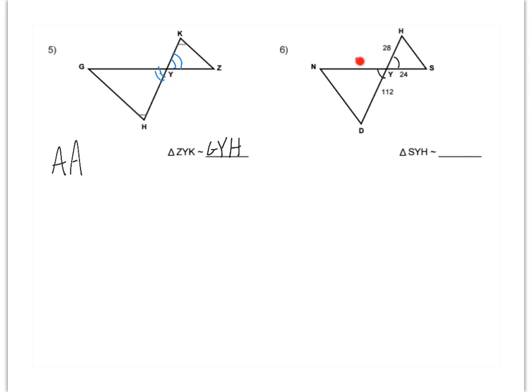So 96 is the shorter of those two. It matches with 24 because it's the shorter of those two. You see? 112 is longer, 28 is longer. A lot of people will mess this up because they get those backwards. So I got to make sure it's with the corresponding side. So 96 over 24. And I've got 112 over 28.